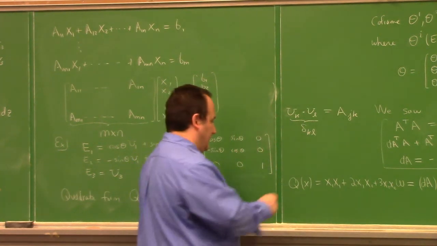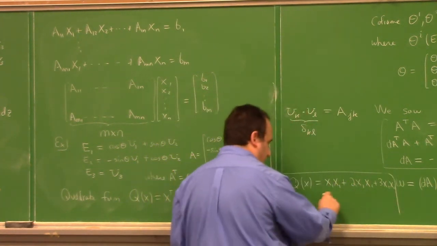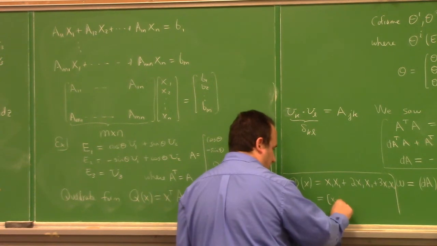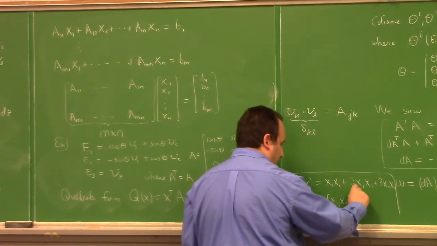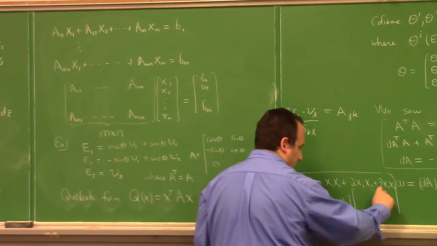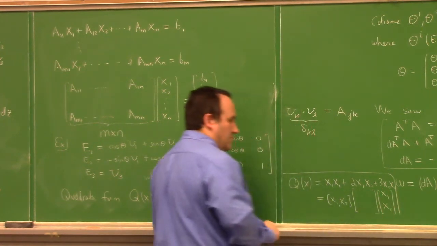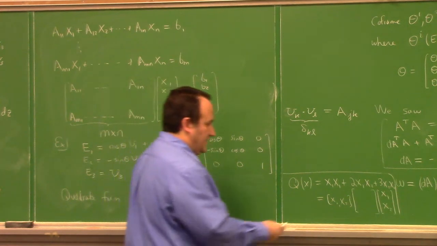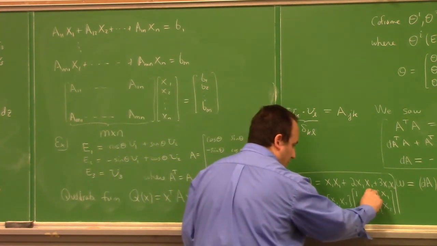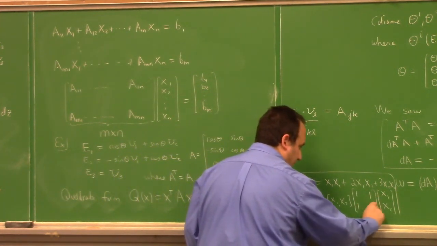That's a formula for a quadratic form. You could write that as the row vector x1, x2 times a particular matrix times the column vector x1, x2. And that matrix would be 1, 1, 1, 3.